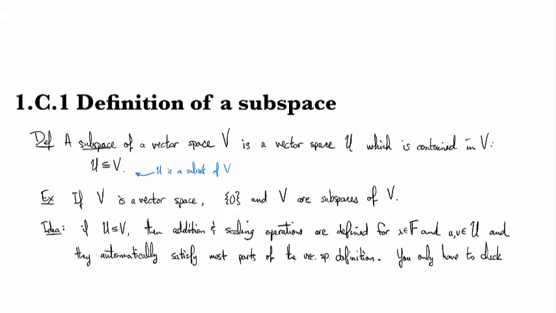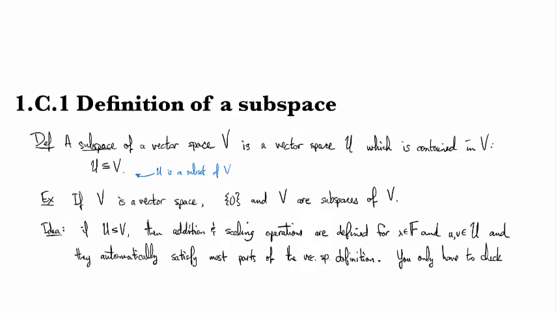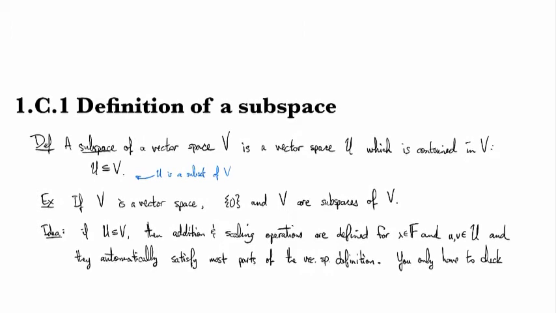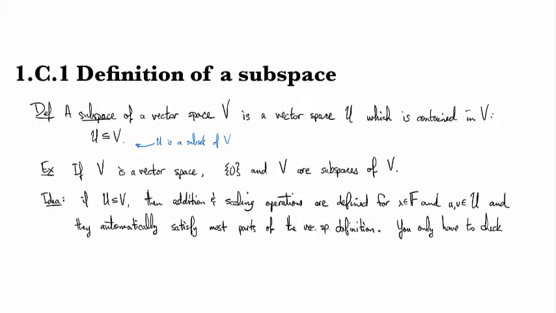So if you are dealing with a set that is contained inside a vector space, then you only have to check 3 things.